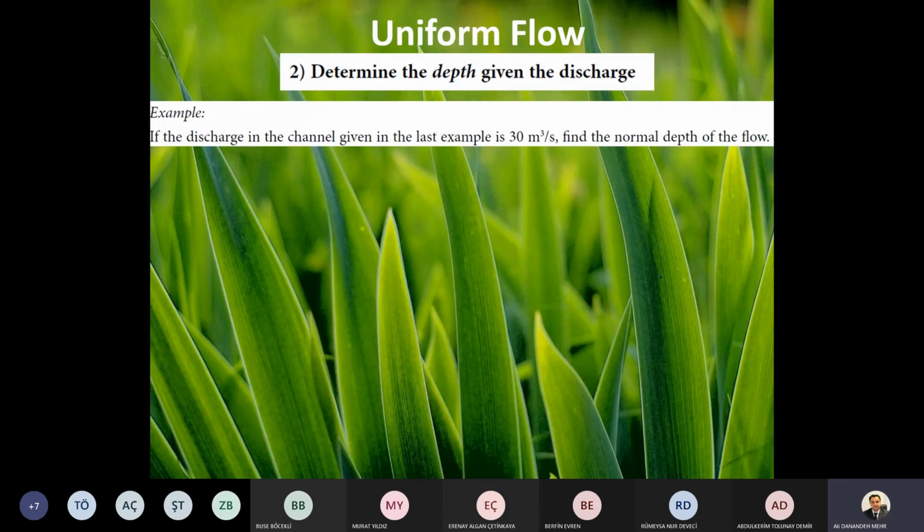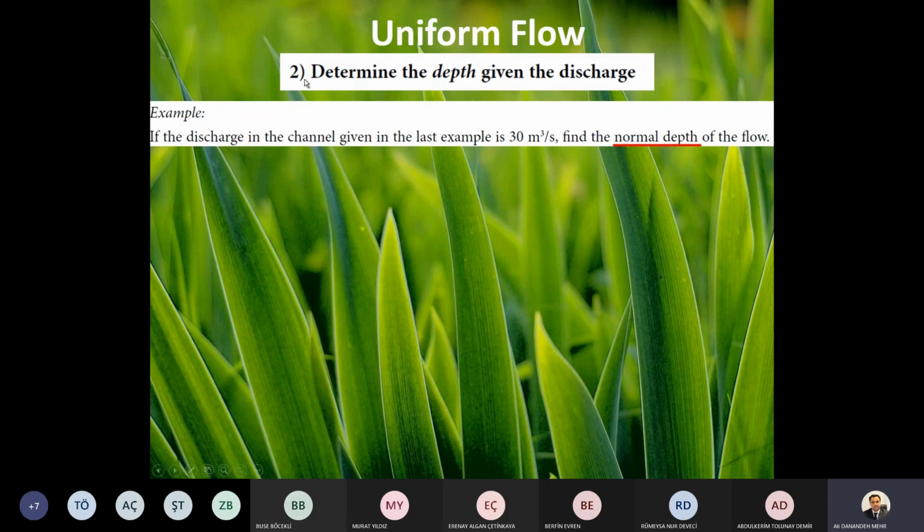So this is another example, in which the question says if the discharge in the channel given in the last example is 30 cubic meters per second, find the normal depth. You see that normal depth is not given, but discharge is given.